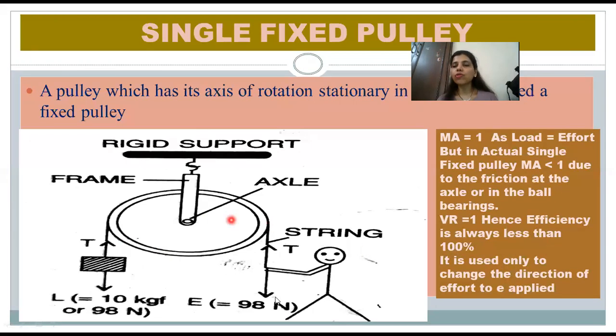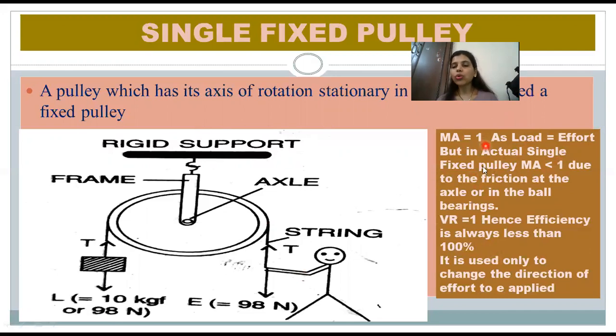Now, what is the use of this particular type of pulley where MA is equal to 1? In ideal condition, MA is equal to 1. So whenever we are deciding whether it acts as a force multiplier, gain in speed, or changing the direction of application of effort, we always take MA as in the ideal condition, not the actual condition.